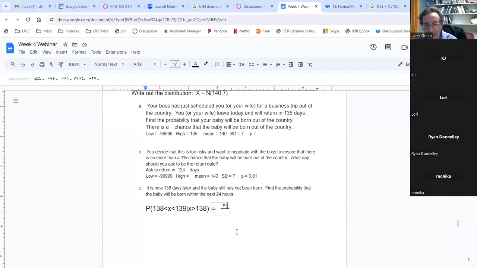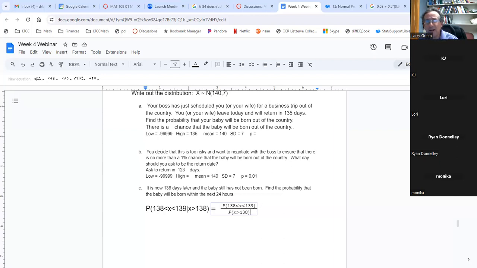So that means the "and" is just 138 less than x less than 139. And the denominator is the probability that x is greater than 138. Any questions on that?